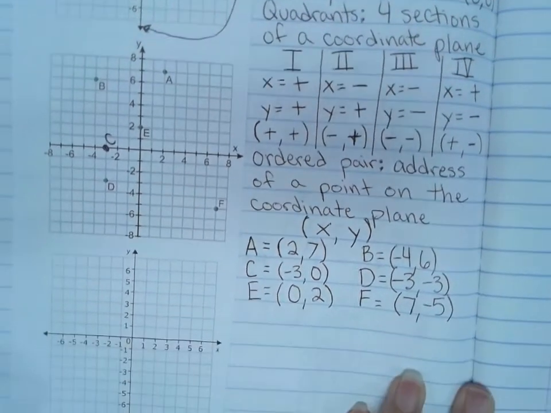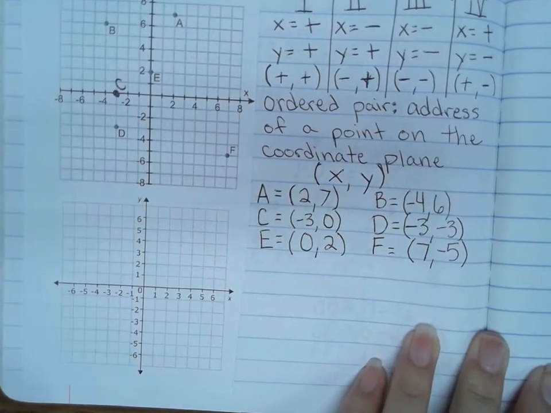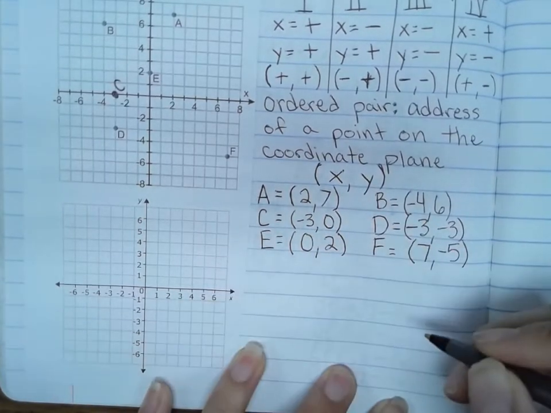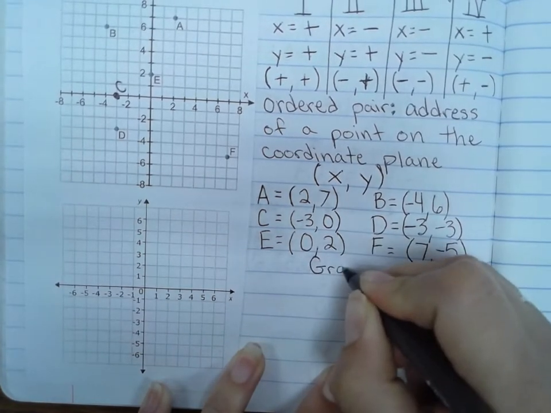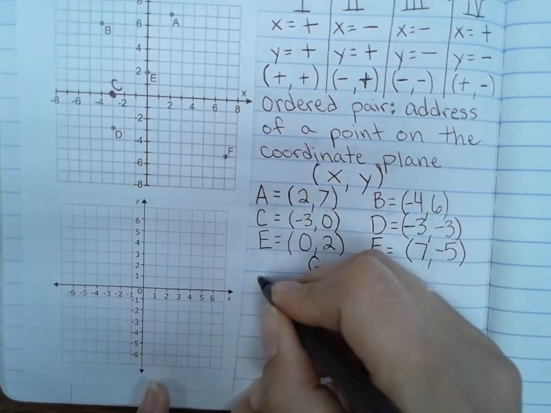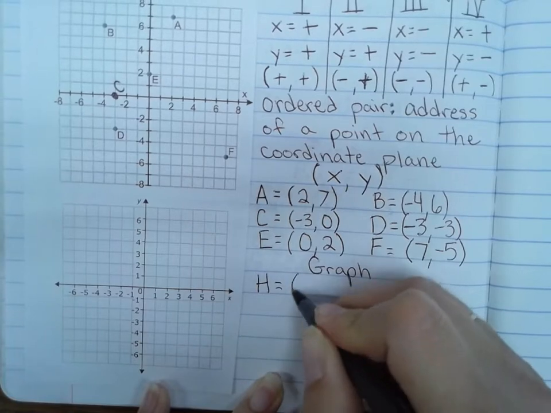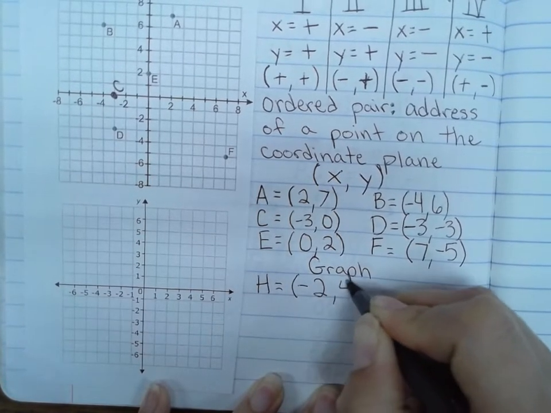Now sometimes you're going to be asked to graph a point. So here, I want you to graph on this empty coordinate plane. We're going to graph these points. Let's say H, and you're going to graph it at negative 2, 4.